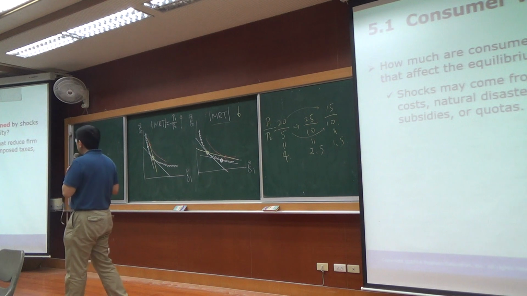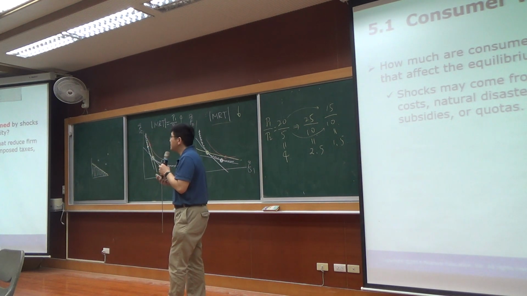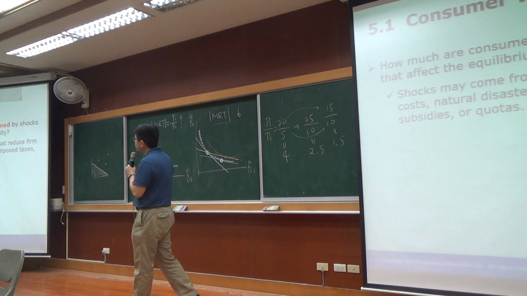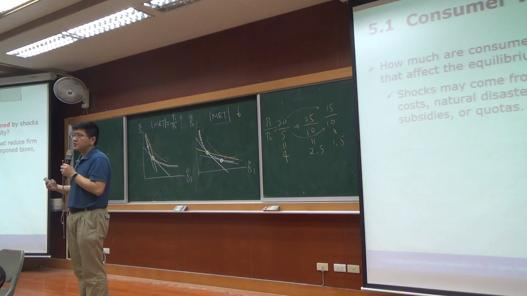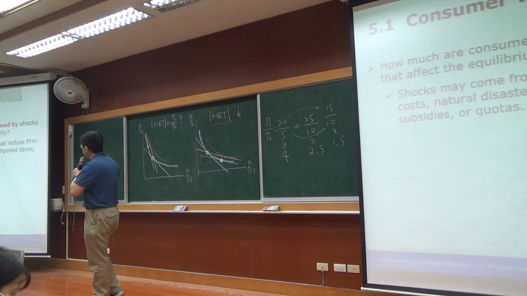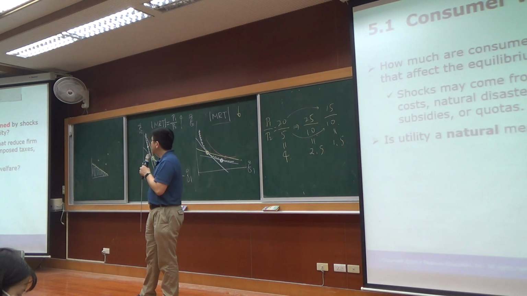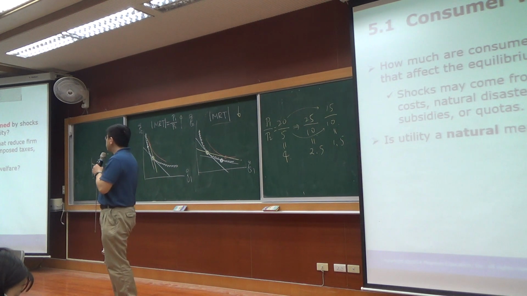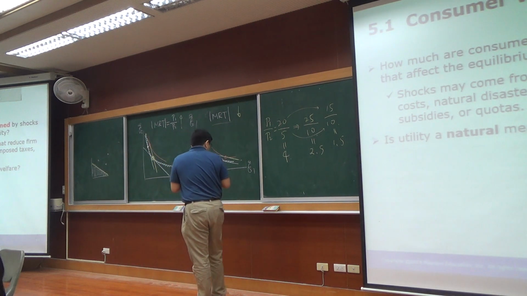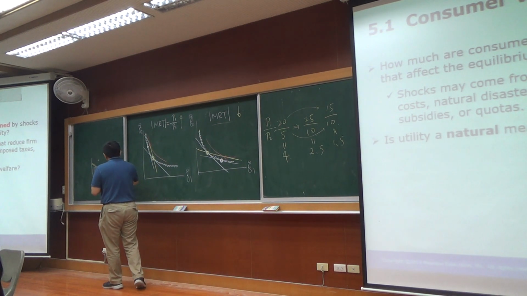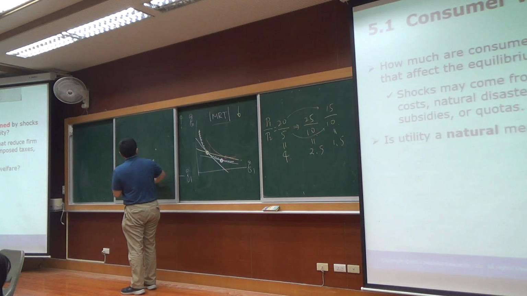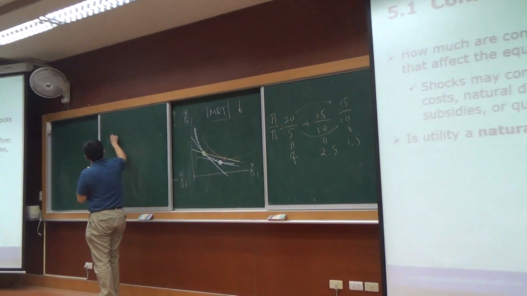Shocks may come from new inventions that reduce firm cost, or natural disasters, as I said, typhoon or earthquake, or government imposed taxes, government policies, subsidies, quotas. So is utility a natural measure of consumer welfare? We've already introduced in chapter 2 or chapter 3 the utility function.